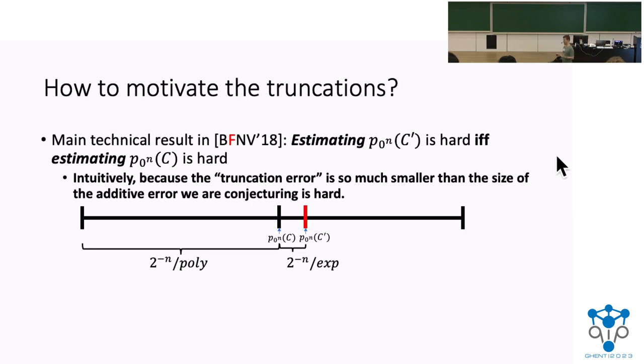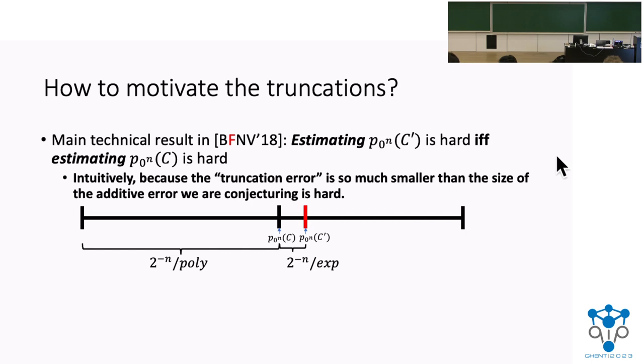It's slightly non-unitary. What we want to show is hard is this thing that's very close to it, which is the output probability of the unitary circuit C. Okay? But then we're making this conjecture that outputting any point in this much wider interval, right, of width 2 to the minus n over poly, or say, big O of 2 to the minus n, is hard.